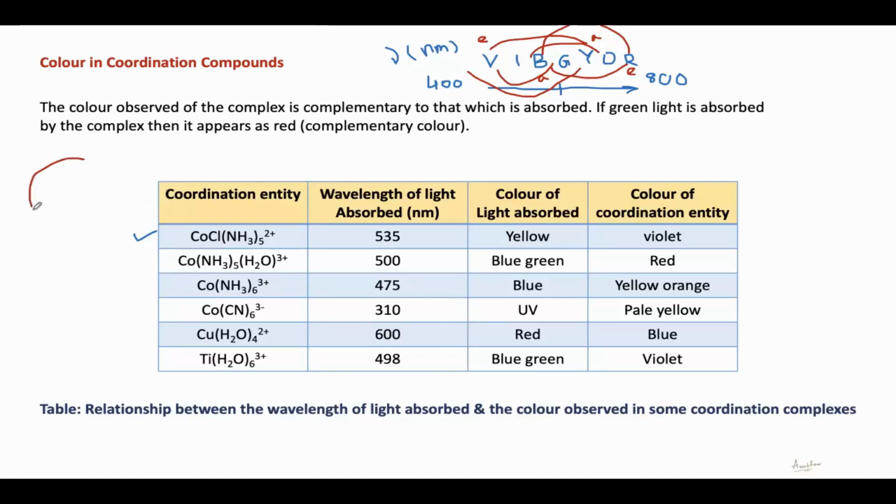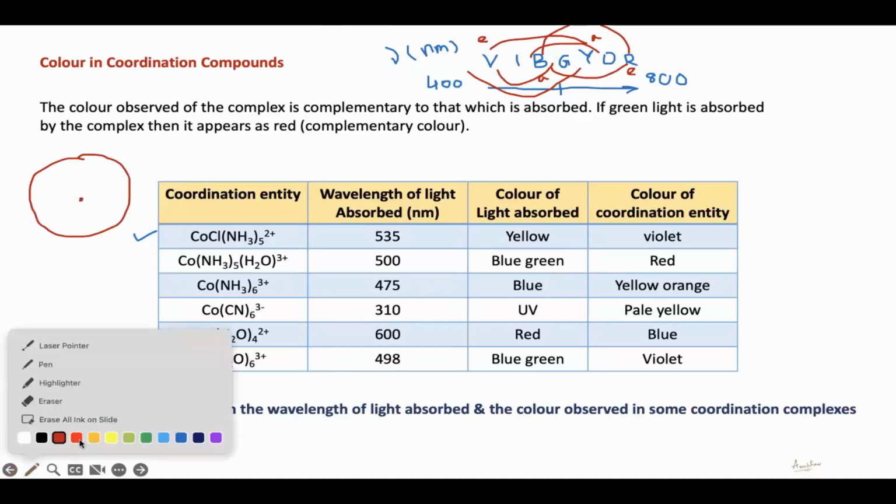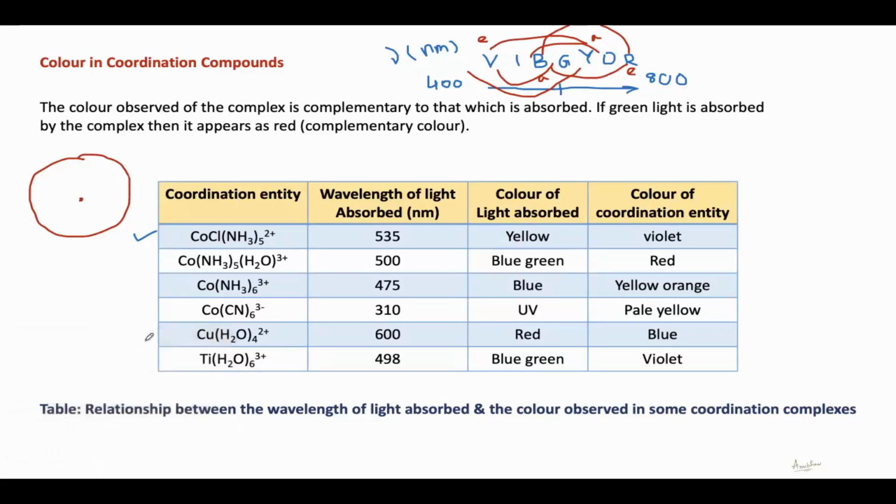For this, a very good color wheel is there. This color wheel will tell which color is complementary to which. So depending upon that, we can predict which color is shown by which kind of compound. So let us draw the segments over here. It is in the blue region.